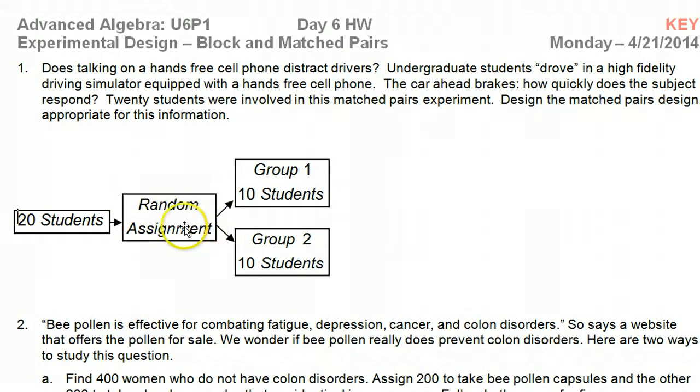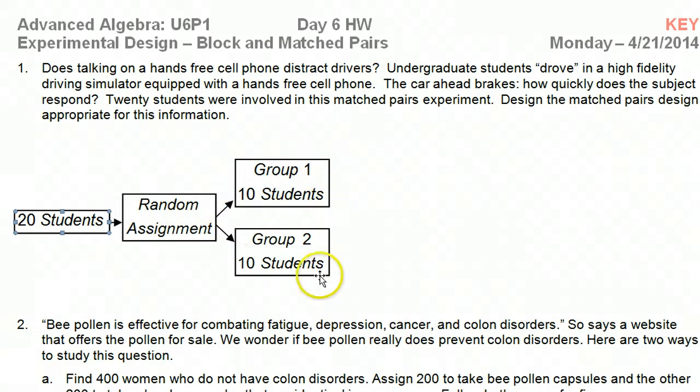Now this random assignment block is going to appear twice. In almost every design we do, you're going to see this random assignment twice. Once when you're assigning subjects into groups, and then again when you're assigning groups to treatments. So always look for the random assignment to show up twice. So here we go.